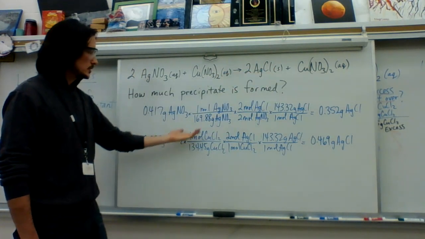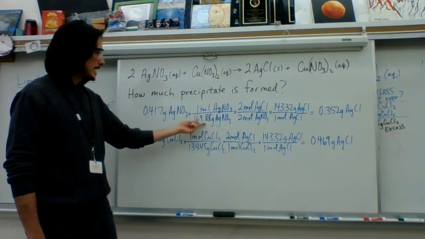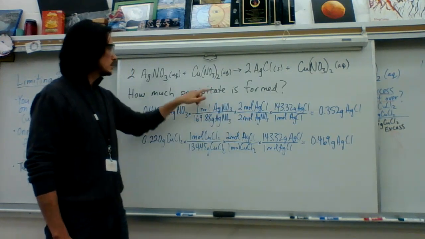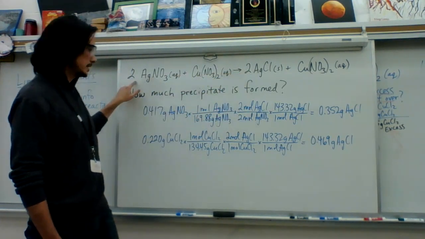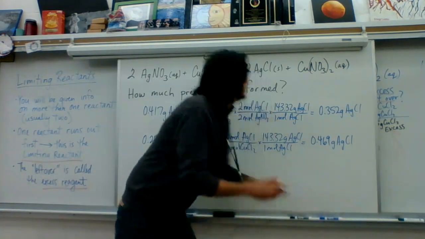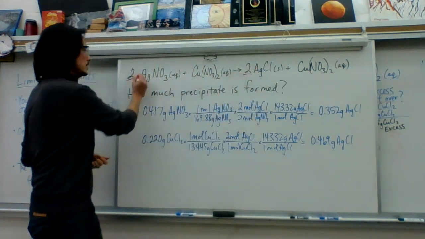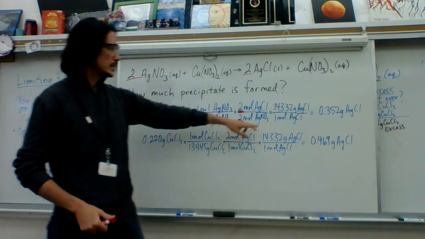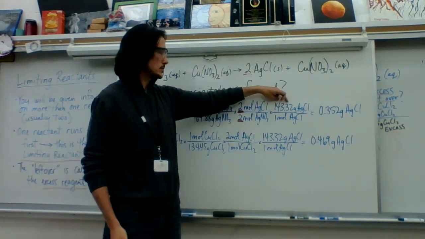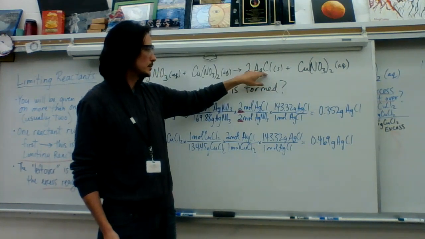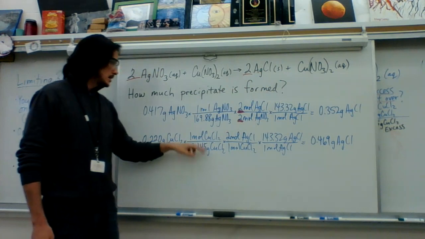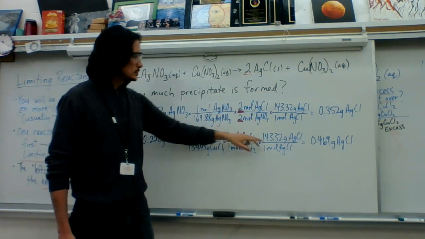So again, it's going to look pretty similar. I have a mass to moles conversion, a moles to moles conversion using the coefficients in the equation, 2 to 2, right? It's right there. And then moles to grams for the solid that should be produced. And we do the same thing with the copper 2 chloride: the moles, moles to moles, moles to grams.